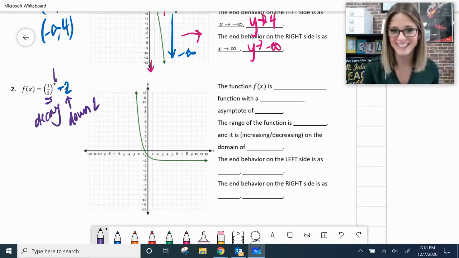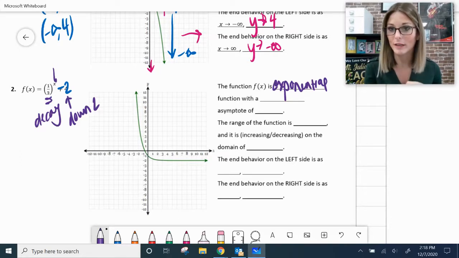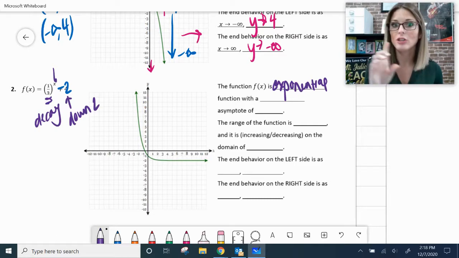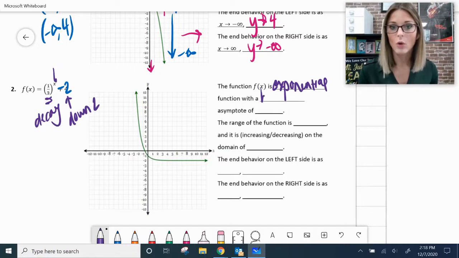So let's fill in our blanks. The function f of x is an exponential function. You have another option there in your drop-down list of logarithms. We're not to logarithms yet, okay? So all the examples you see should be exponentials. A function with a horizontal asymptote.